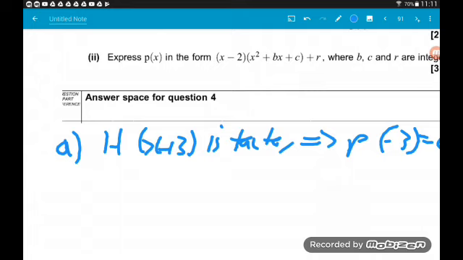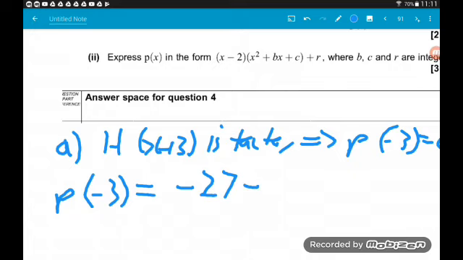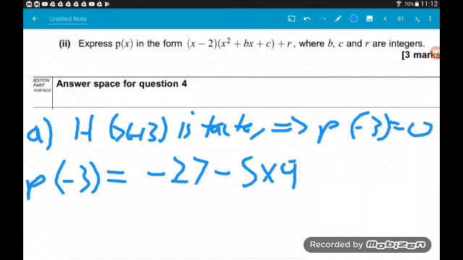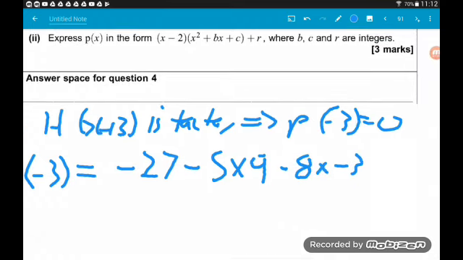So p of minus 3, well, it's going to be minus 3 cubed, which is minus 27, minus 5 lots of minus 3 squared, which is positive 9, so we got minus 5 times 9, then we got minus 8 lots of minus 3, so minus 8 times minus 3, and then plus 48 on the end.